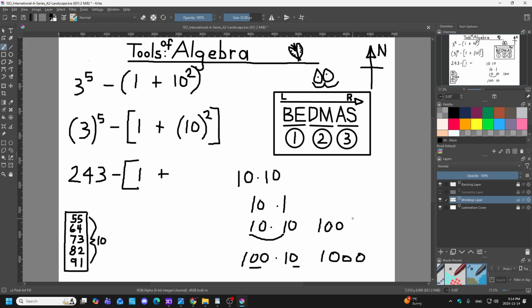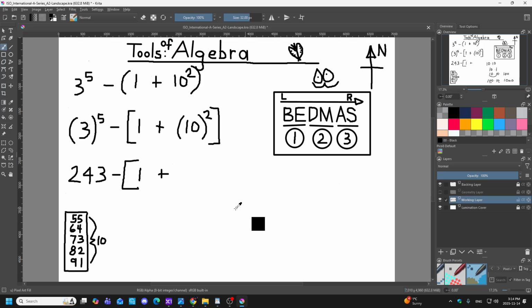It's really easy to do when you have that understanding. So 10 times 10 is obviously 100. Close bracket.